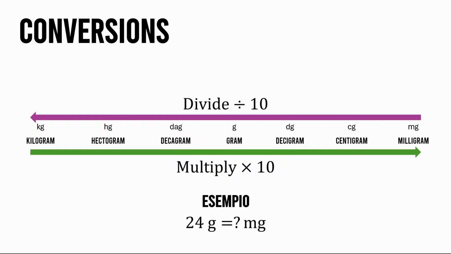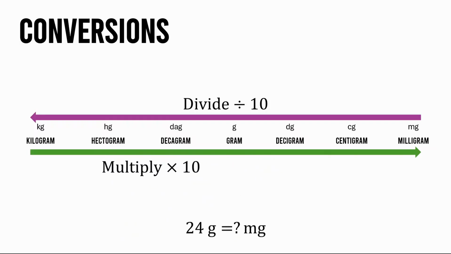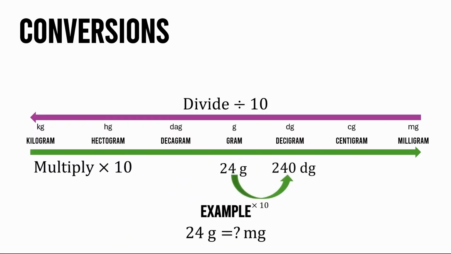Here we still have 24 grams, but this time we want to convert it to milligrams. Since we are converting from the gram to a smaller unit, the milligram, we have to multiply instead of dividing. So let's take a step to the right, multiplying 24 grams by 10 and getting 240 decigrams.